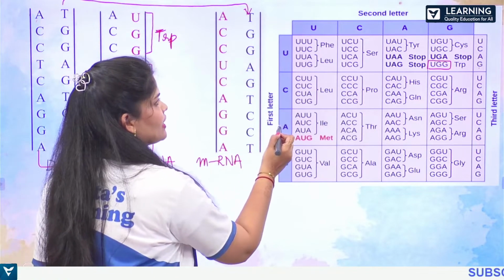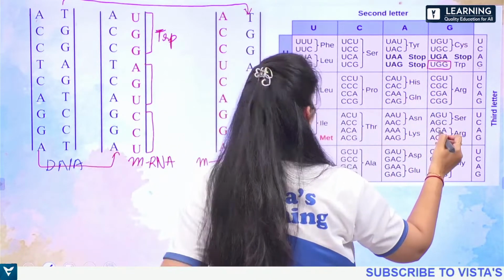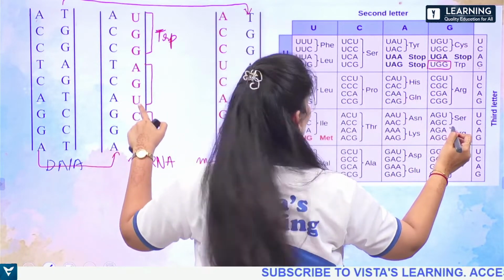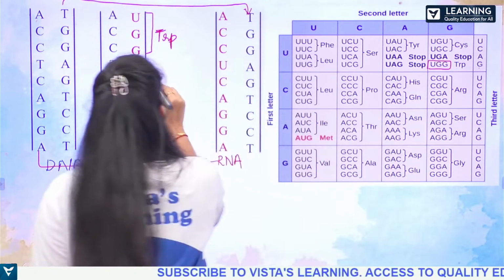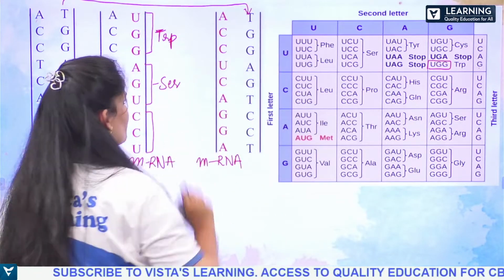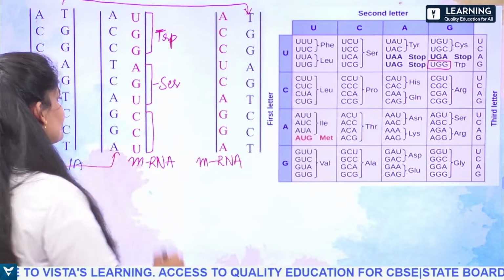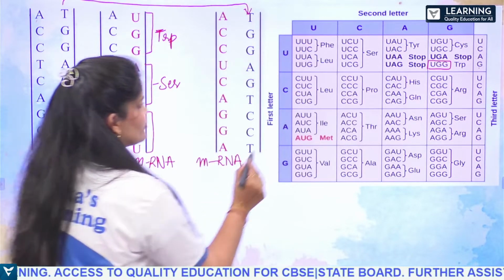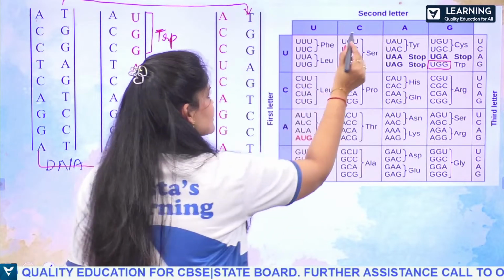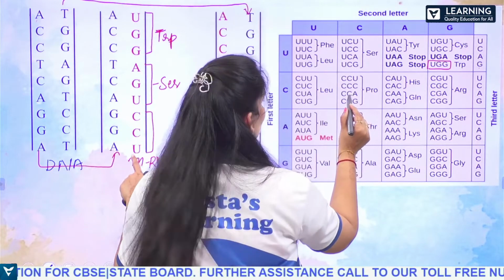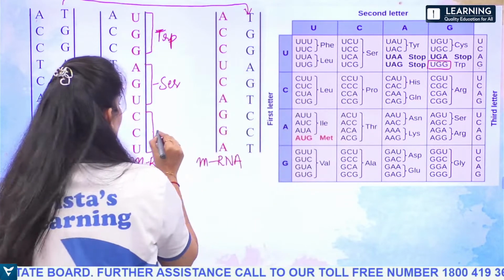Same way, the second codon in this sequence is AGU. First letter A, second letter G, and third letter is U. AGU codes for serine. Similarly, CCU, first letter C, second letter C, third letter U, proline.